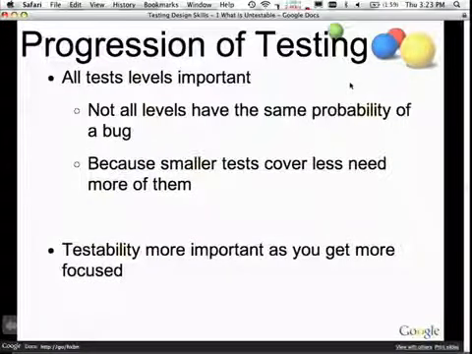So all of these different levels, as I said, are important because you have all different probabilities that you're going to find a bug. But they're different kinds. As I said, unit testing is all about, does it do the right thing? Whereas at the other extreme is, is it hooked up properly? And then everything in the middle, the medium tests, test a little bit of both.